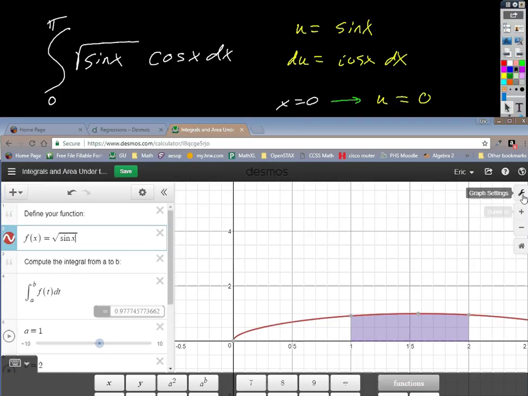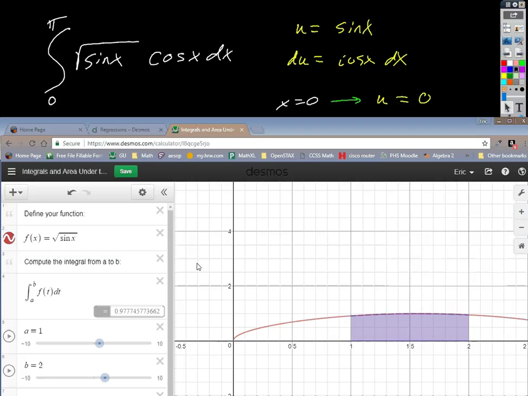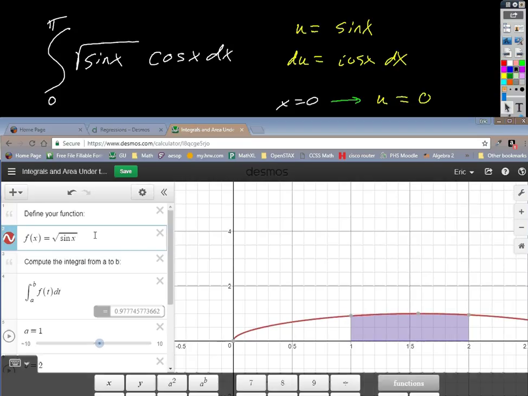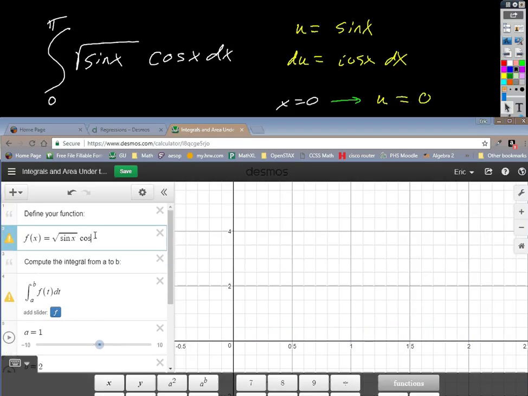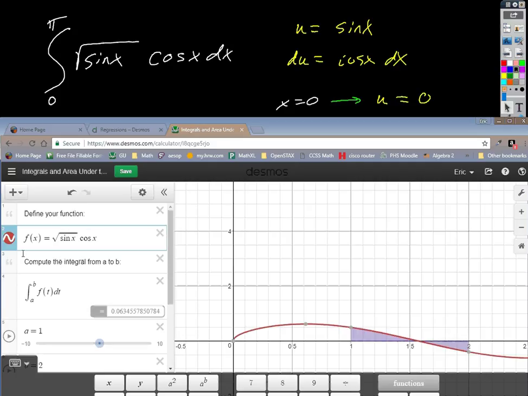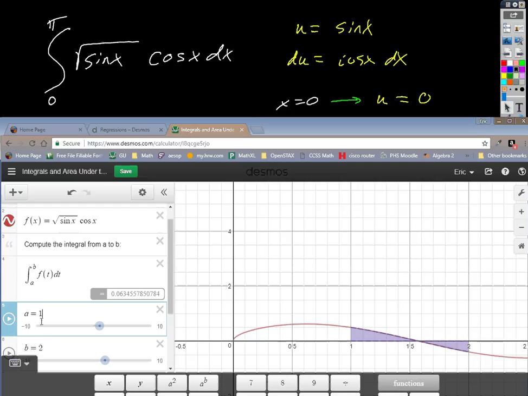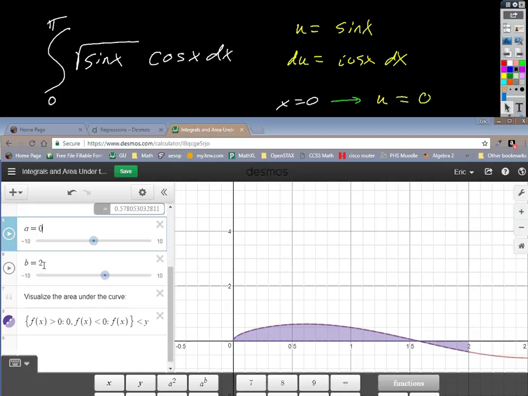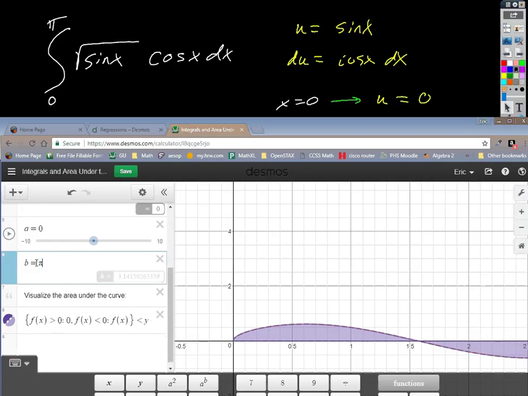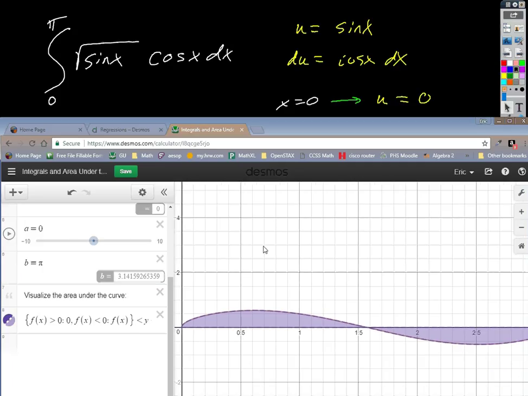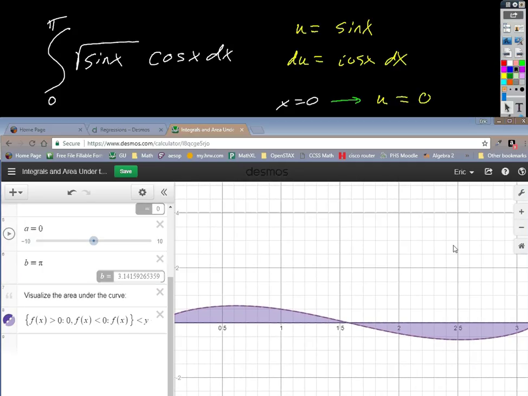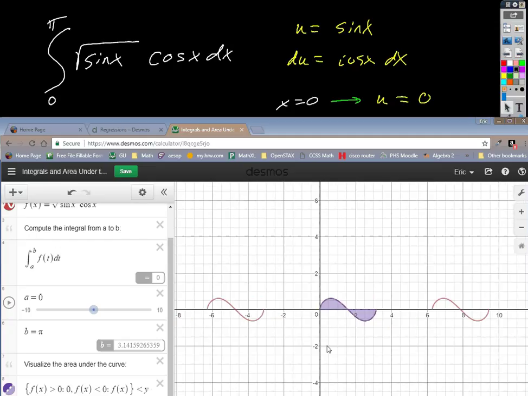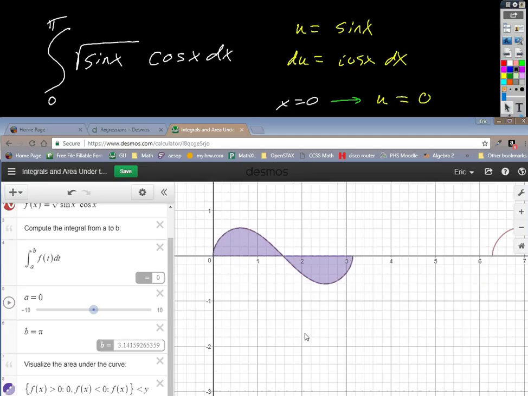Where do I do that? Probably up here. Yeah, I'm in radians. Good. Square root of sine x times cosine x. And if I go from 0 to pi, what do you know? What do we find?